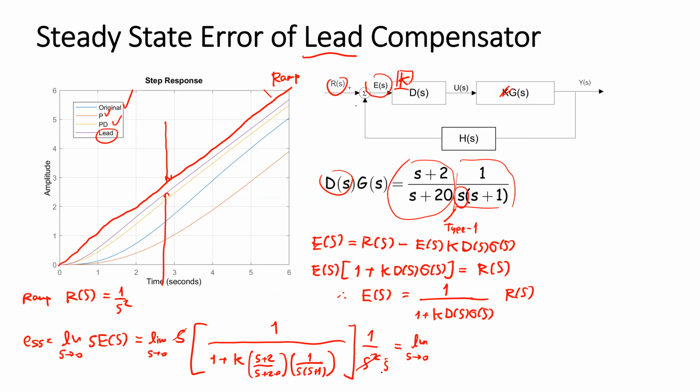Seems like we have one S in the denominator. So S will be multiplied to 1, and when S multiplies to this term, it is going to cancel with this one. So we have K times S plus 2 divided by S plus 20, S plus 1.